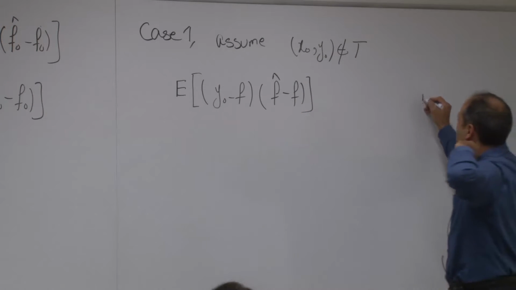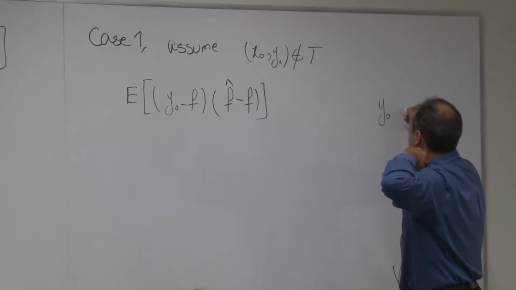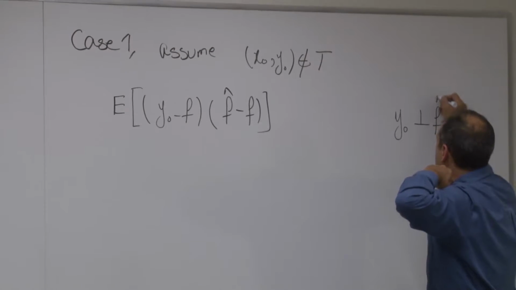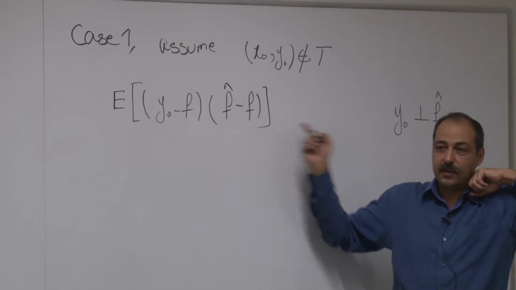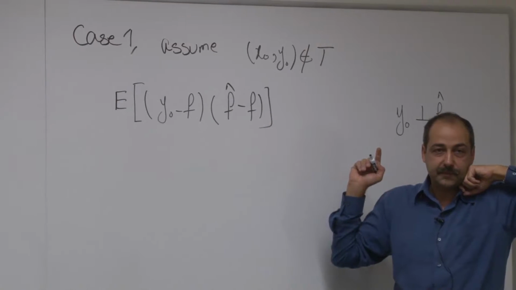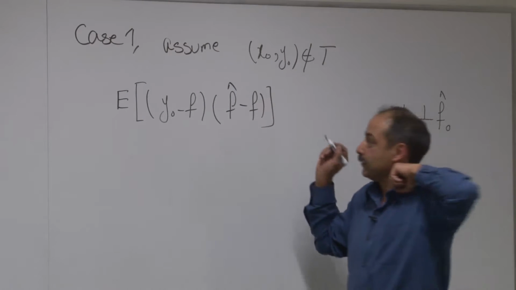And don't forget that f hat and this y are independent. So what is this expectation going to be, given that these are independent?